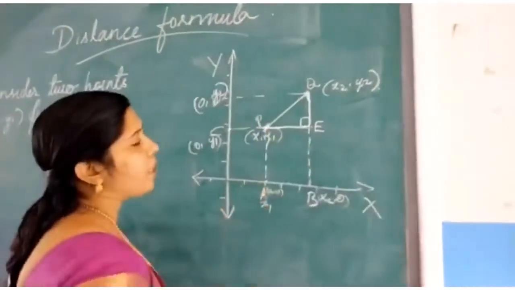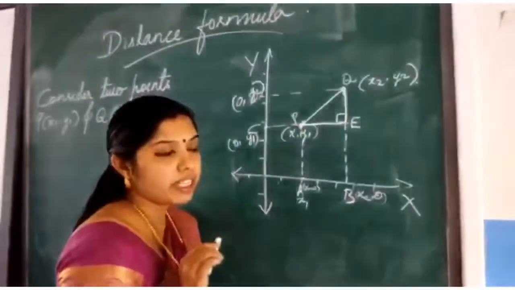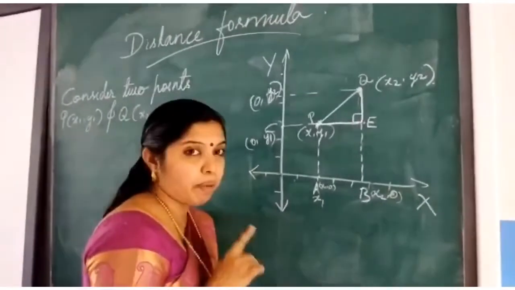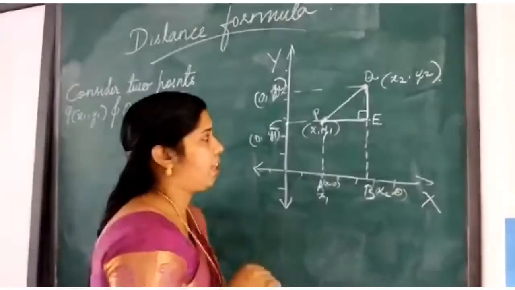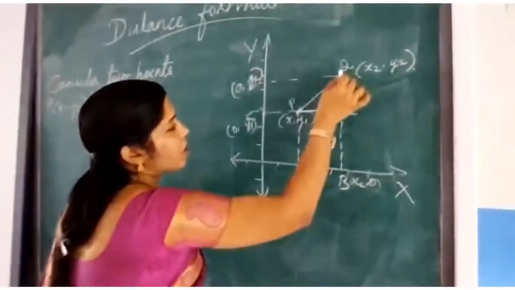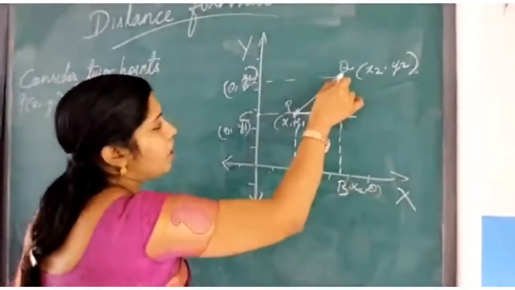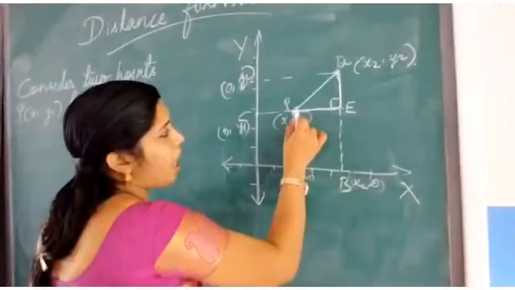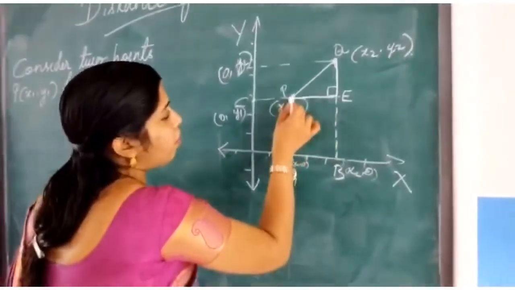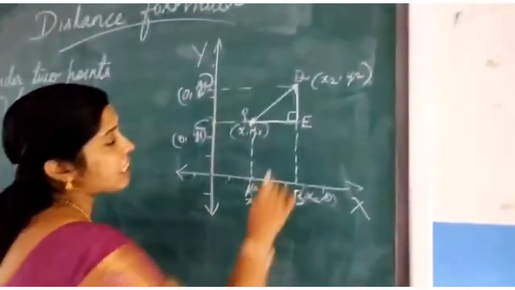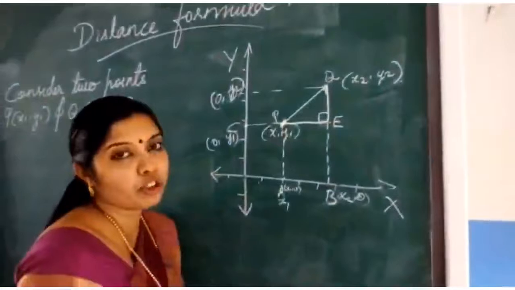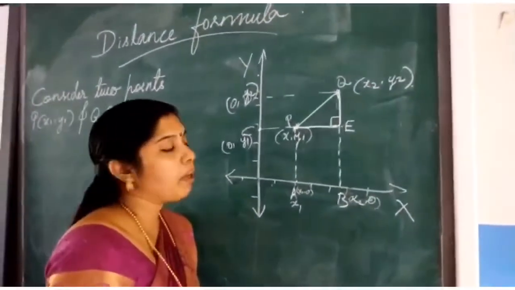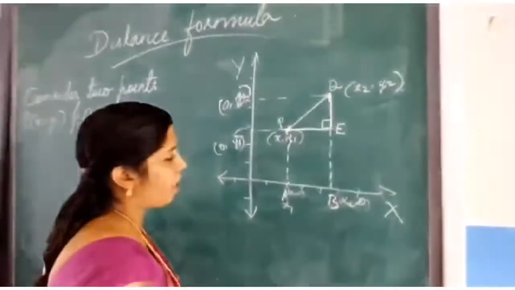And if it is a right angled triangle, we can apply the Pythagoras theorem, because for this right angle triangle, PE makes the base and EQ makes the altitude or height.